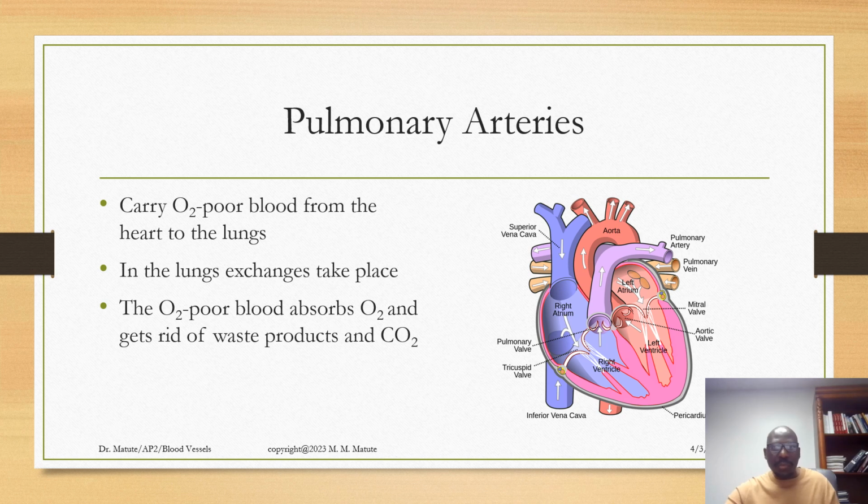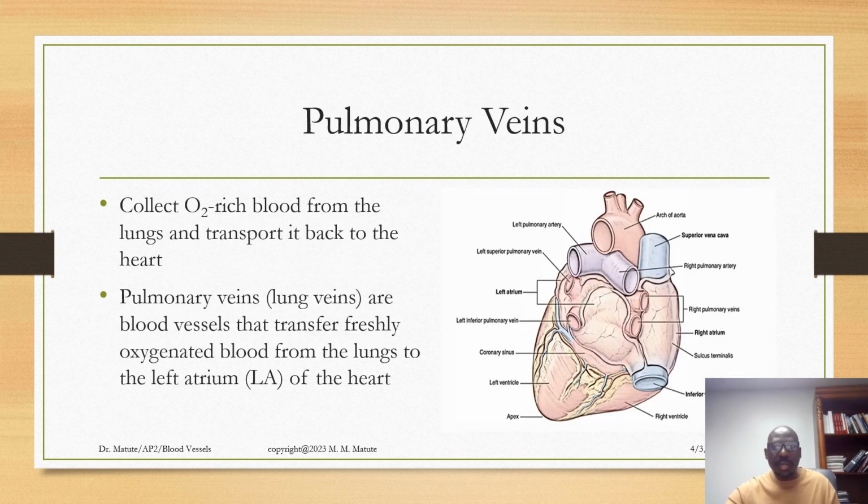We already talked about the pulmonary arteries. They carry oxygen-poor blood to the lungs from the right ventricle. Pulmonary veins carry oxygen-rich blood from the lungs back to the heart via the left atrium.